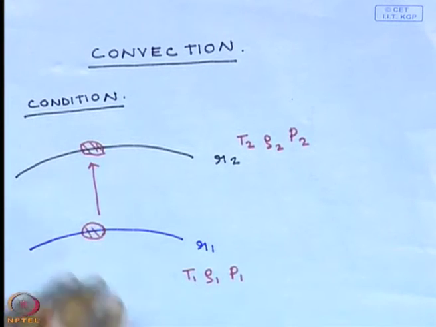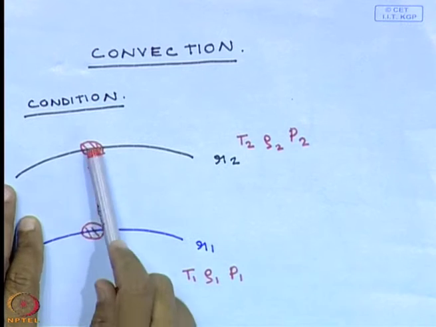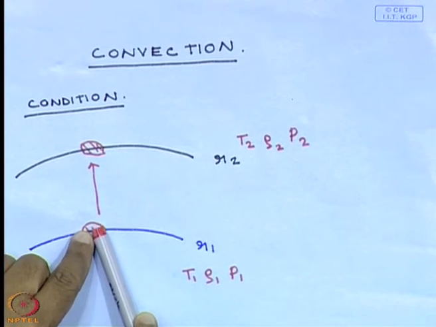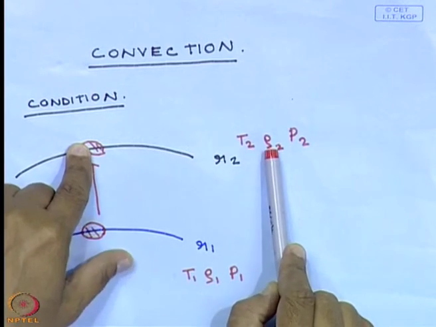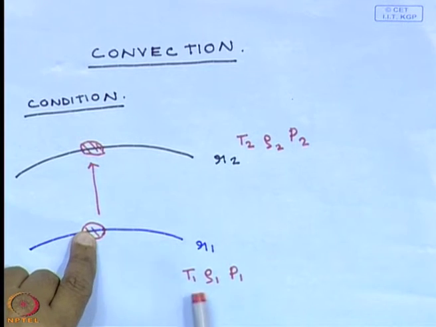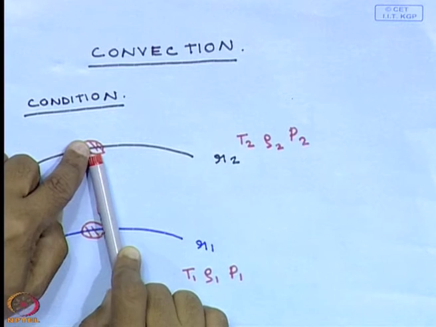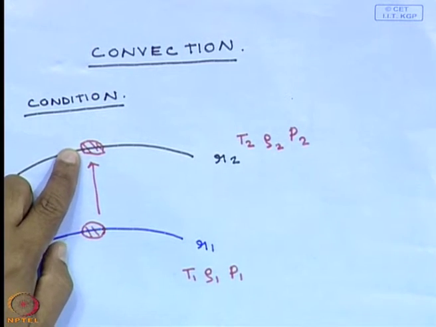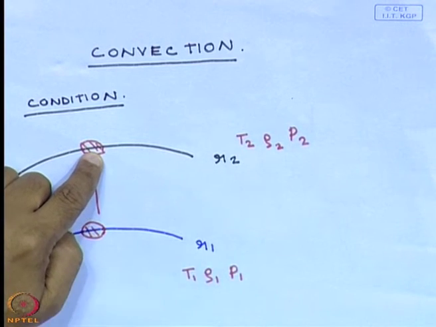Now, when the bubble moves up, we will assume that it is in mechanical equilibrium with the surrounding. So, when it comes here, it now experiences the pressure P2, whereas it was earlier experiencing the pressure P1. The temperature also is lower than where it was earlier.